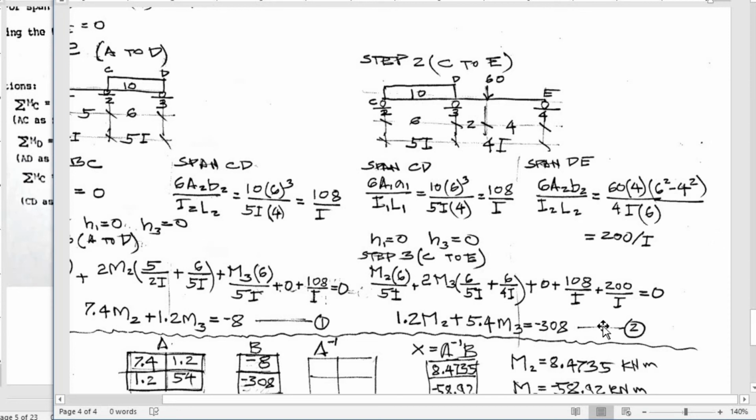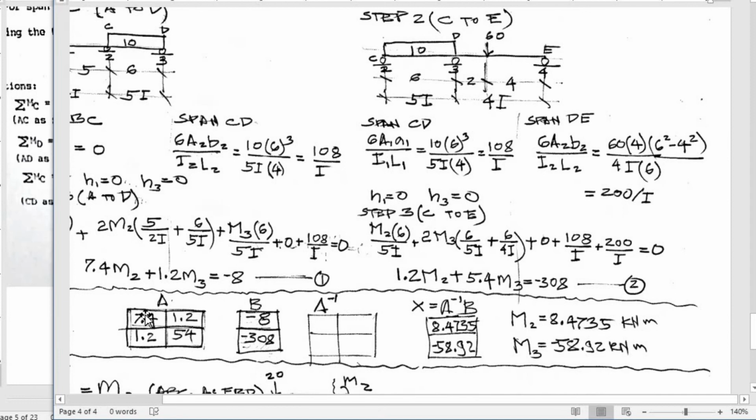So this is now our second equation. So notice now we have here a linear system. Equation 1 and equation 2. So, we have common unknowns M2 and M3. So, solvein natin ito ngayon using matrix methods.